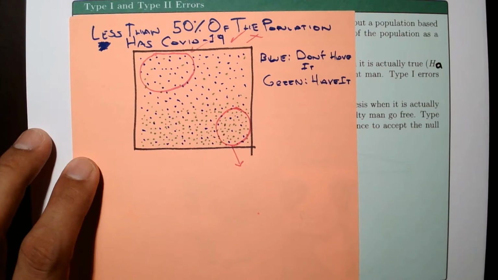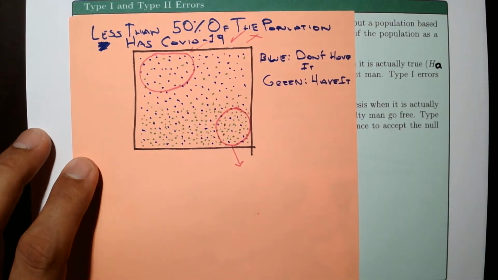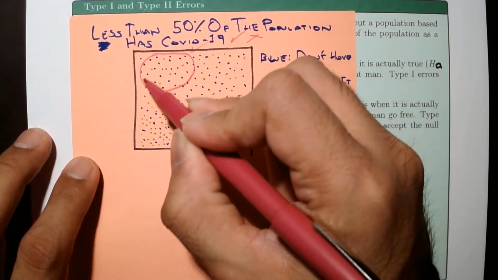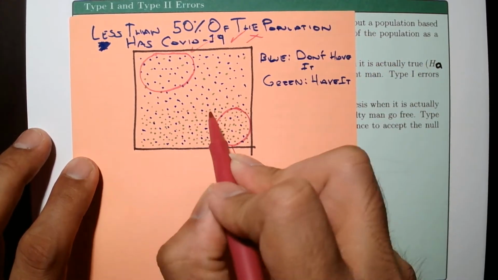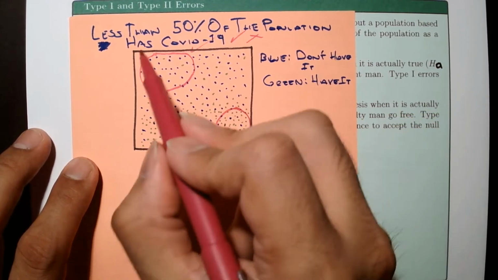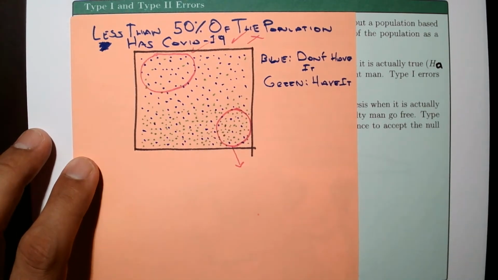See what I'm saying? This sample is not representative of the entire population. Looking at the entire population, we see more green dots than blue dots, which suggests that this statement is not true.